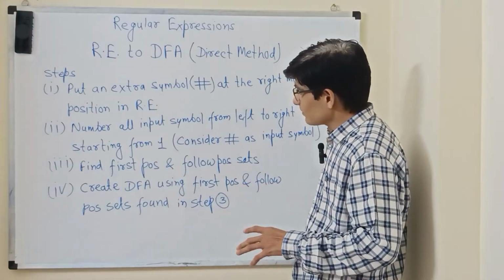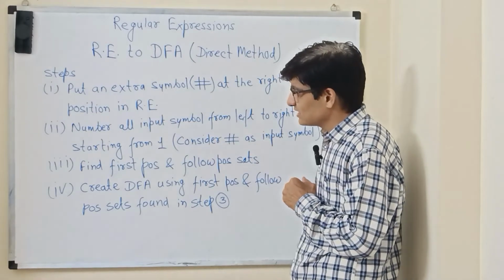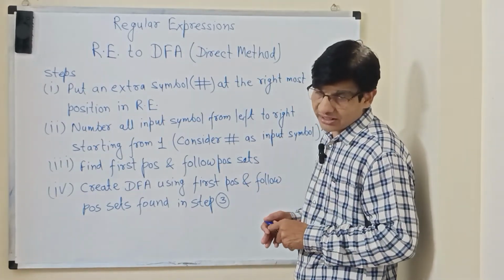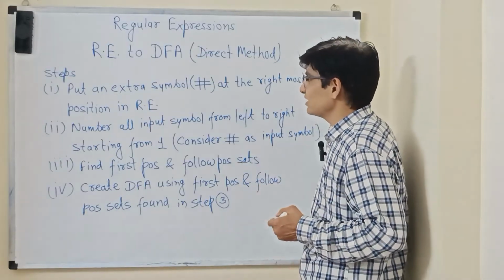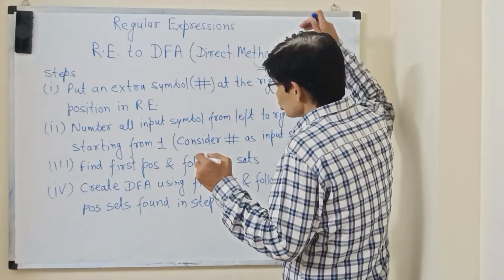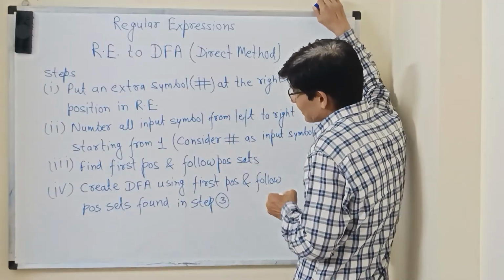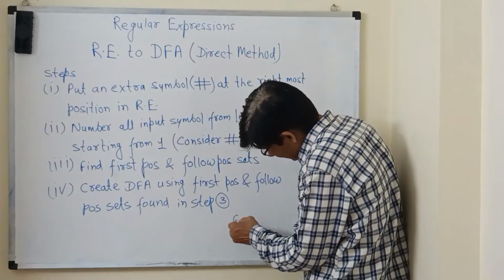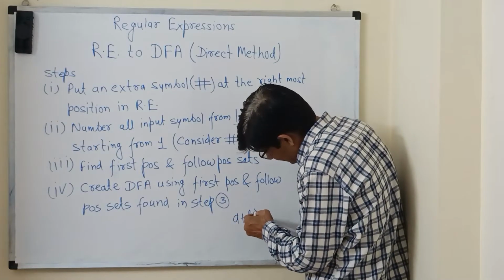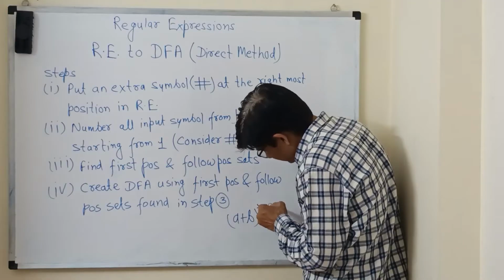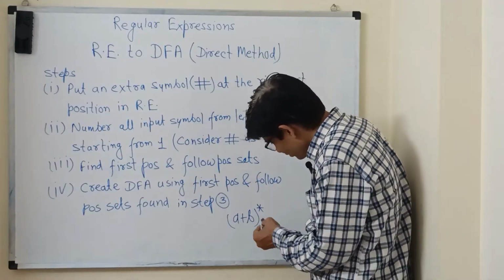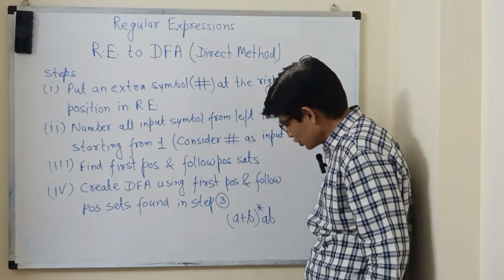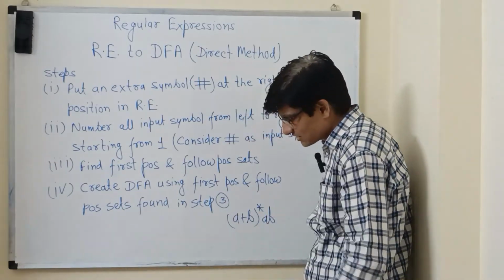Now we will implement all these steps, and I will take one example to explain this process very clearly. Suppose you are given the expression (a+b)*abab. So suppose this regular expression is given to you.